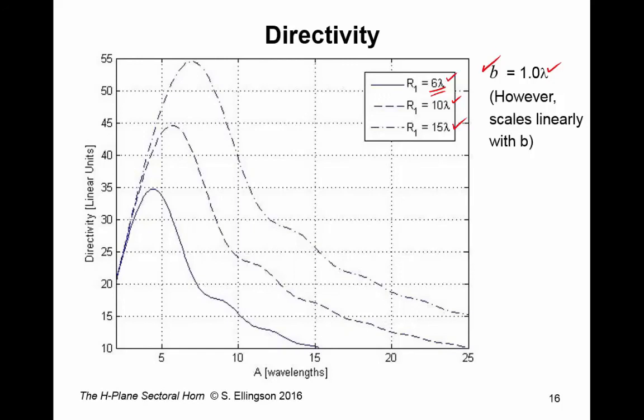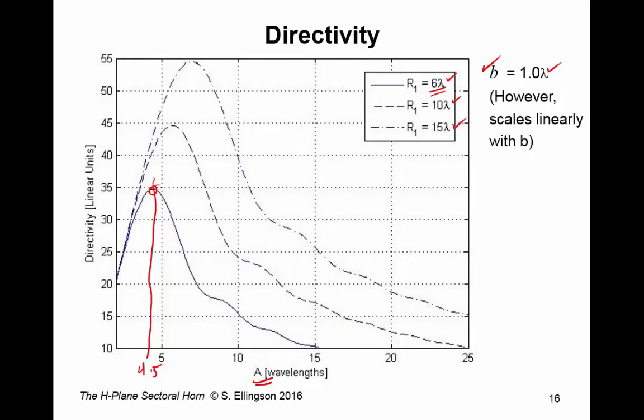And then I'm going to show you directivity as a function of the dimension of the flare part of the aperture. So in the previous example, I worked that out for A equals 4.5. So the horn that we analyzed for pattern corresponds to this point here.